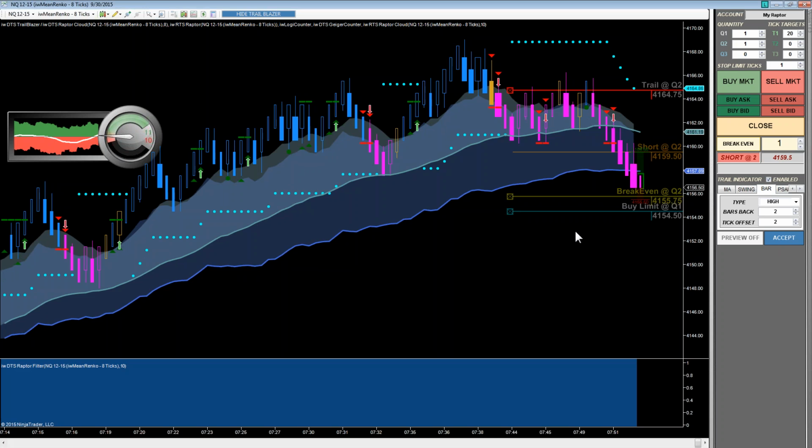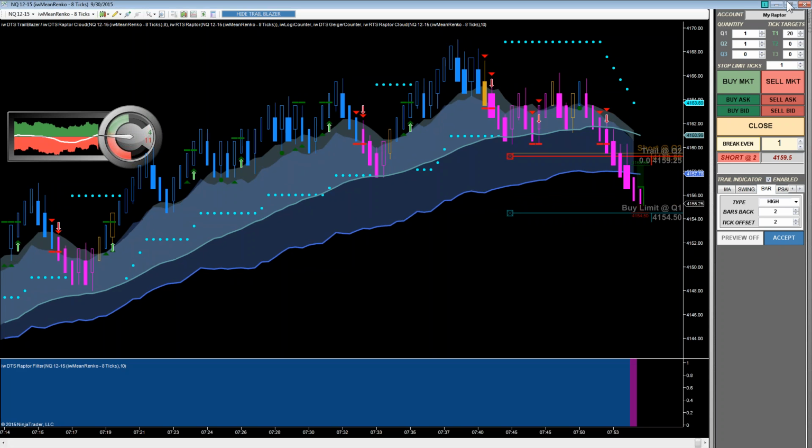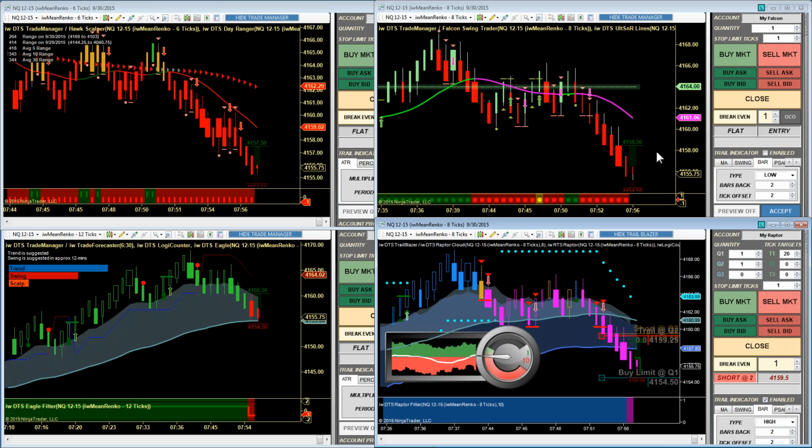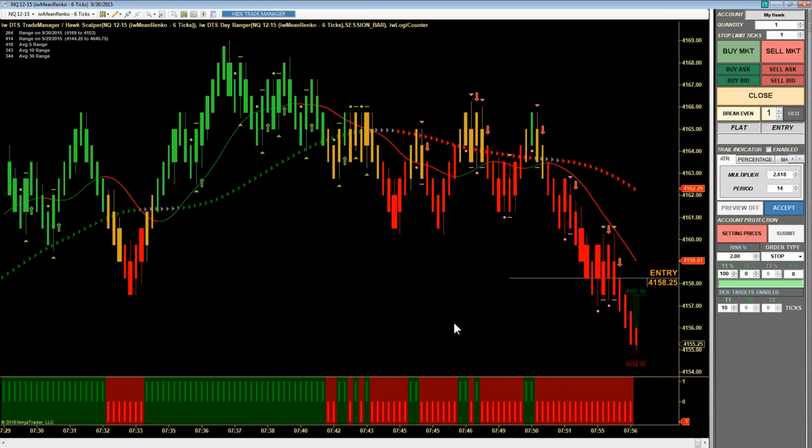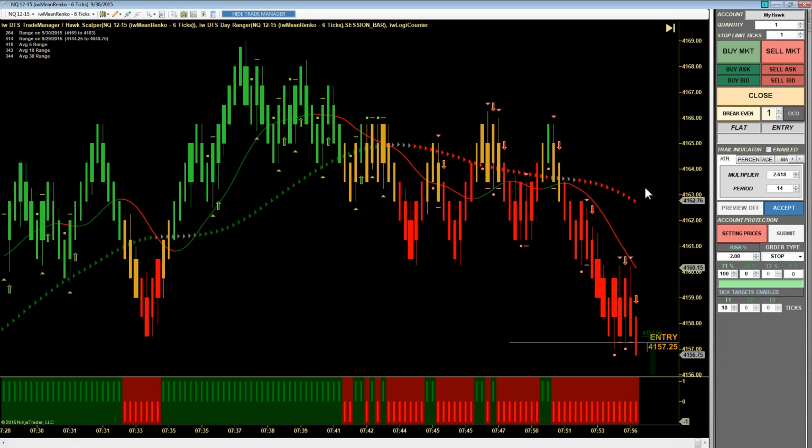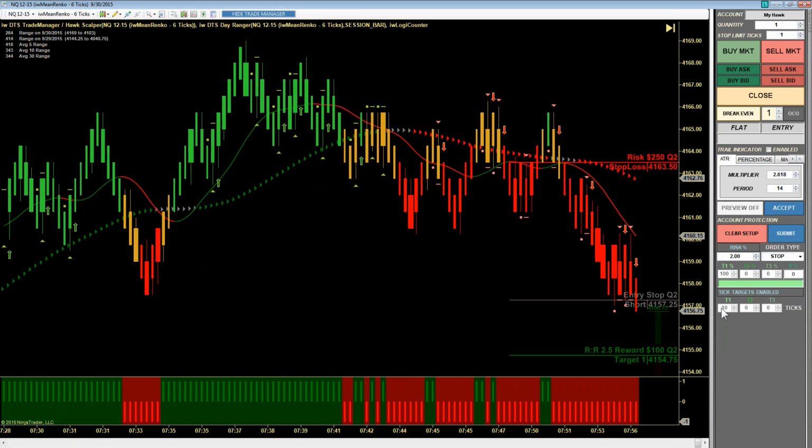This came about in response to requests from owners. You'll notice with the trade manager, if we generated a signal, like we do right here, I would have to set my entry, set my stop loss. I can automate my profit target, and then I click submit.